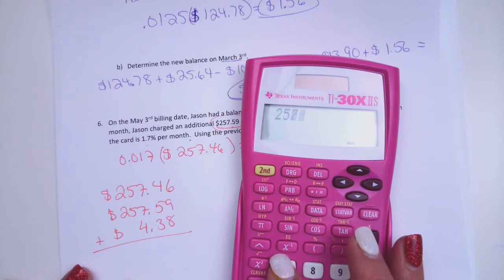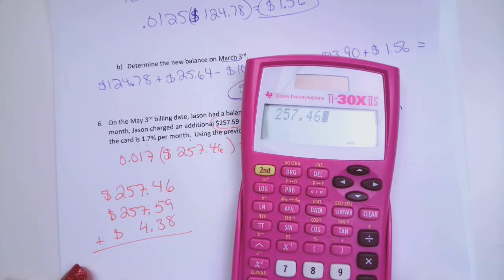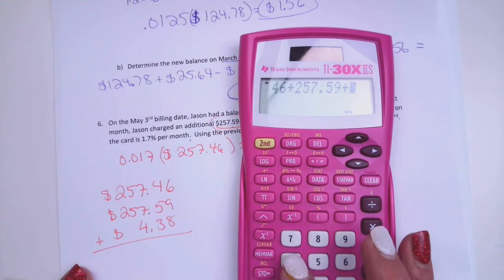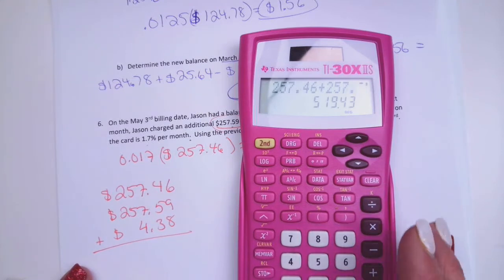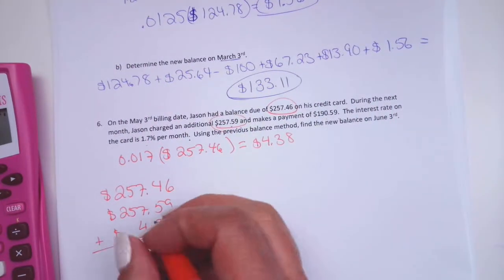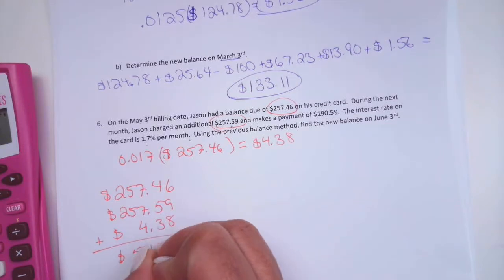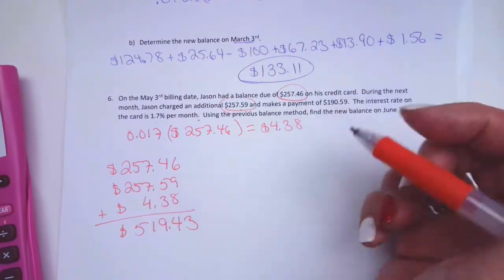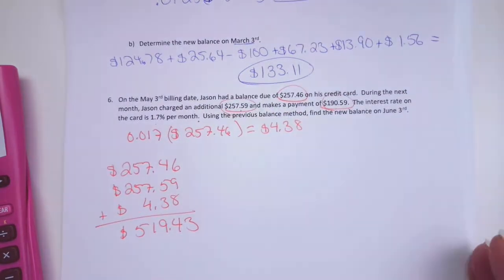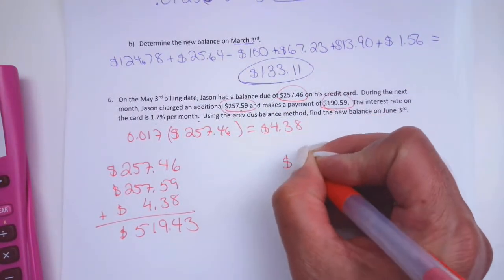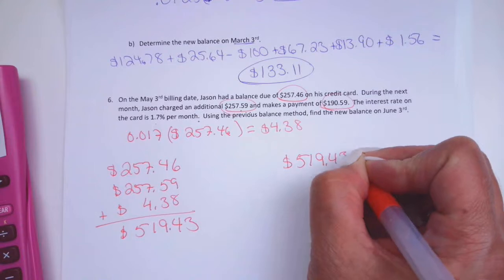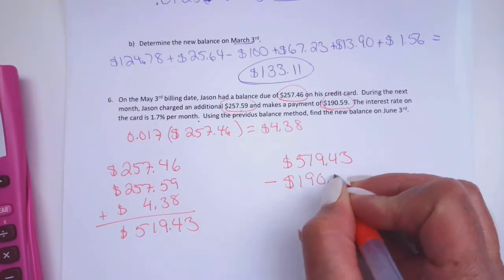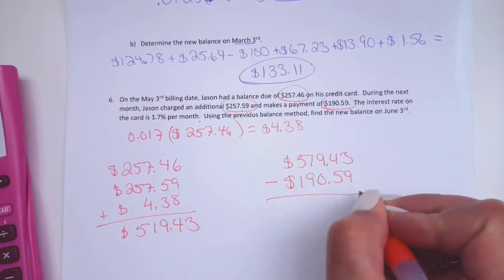we get 257.46 plus 257.59 plus 4.38. So that is $519.43. And then he makes a payment. So we're going to take this $519.43 and subtract the $190.59 from that.